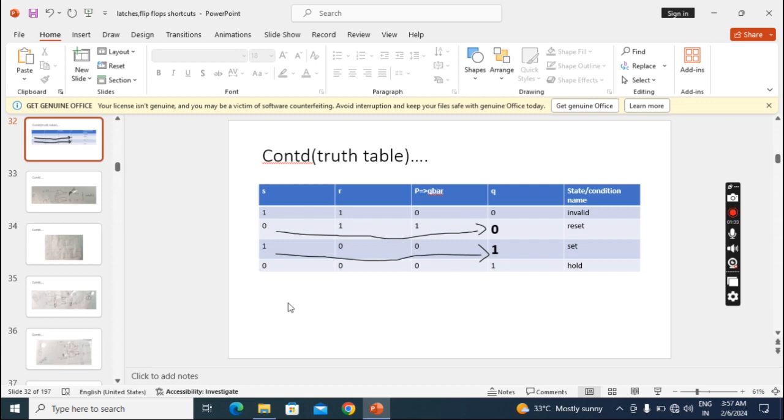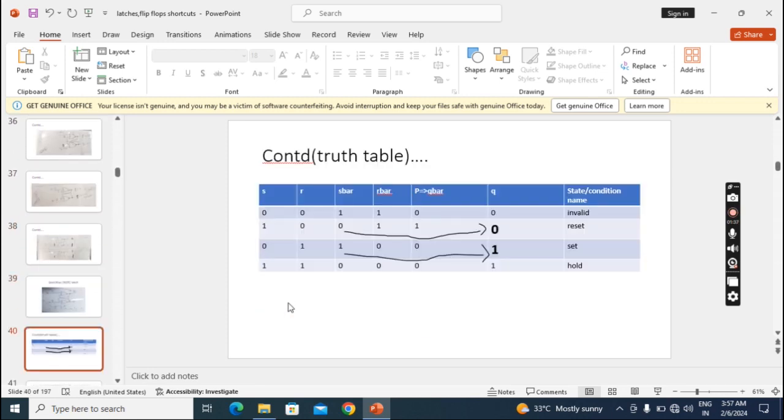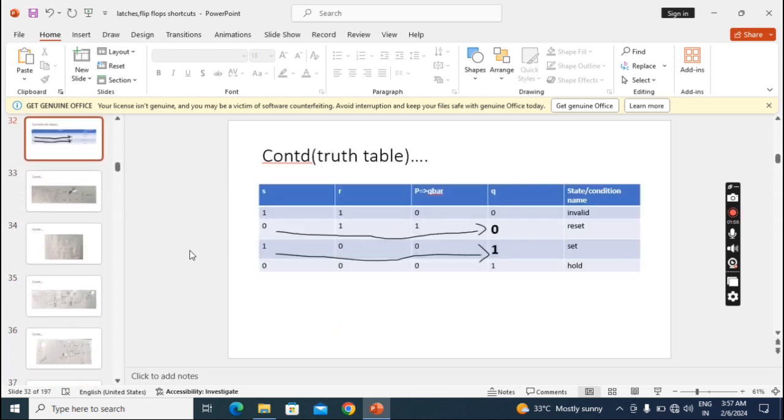So you have to remember these conditions, then come to this S bar R bar truth table. So here first I take an SR value, so when I apply 0, 0 what will it become? S bar R bar is 1, 1. So when we apply 1, 1 to the NOR latch, what will happen? The circuit becomes invalid. So when we apply 1, 1, go back, see what is the state? Invalid. Okay.